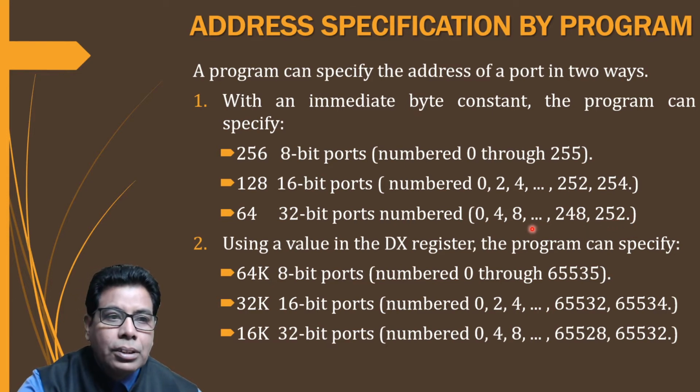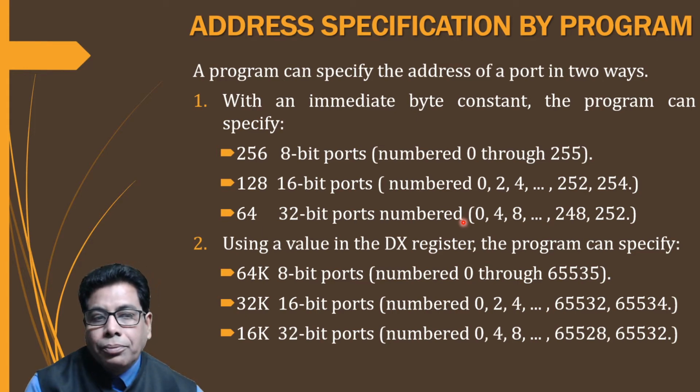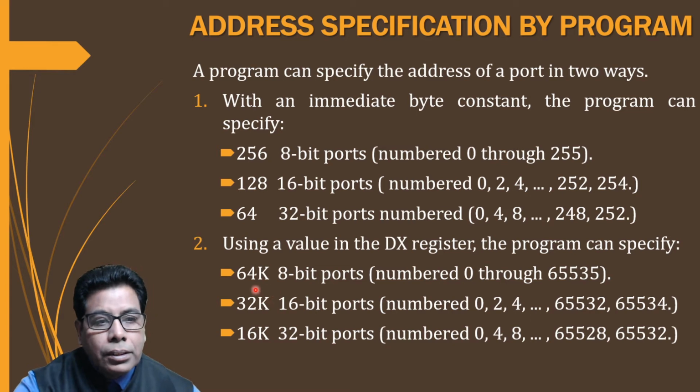In this way, the immediate byte constant can specify 256 8-bit ports, 128 16-bit ports and 64 32-bit ports. Then if you are using the DX register, we can specify 64K 8-bit ports, numbered from 0 to 65535 in decimal, which represents FFFF.